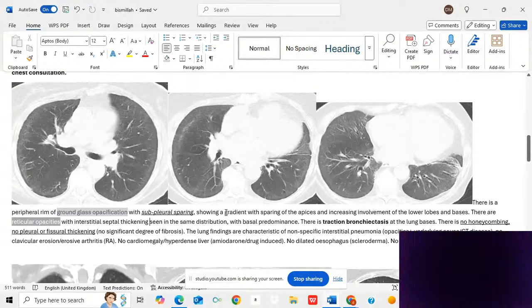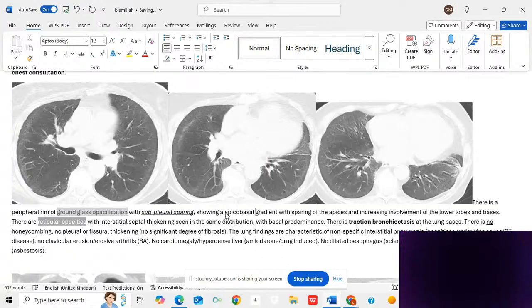It's called an apicobasal gradient, with sparing of the apices and the increasing involvement of the bases. This is also a characteristic feature of the opacities in non-specific interstitial pneumonia and idiopathic pulmonary fibrosis.